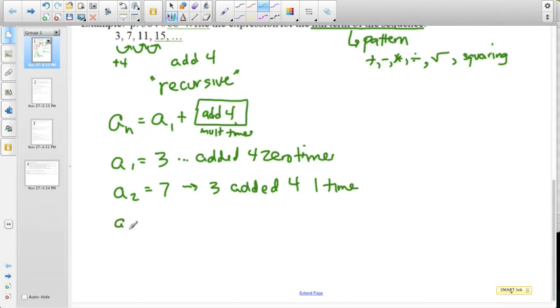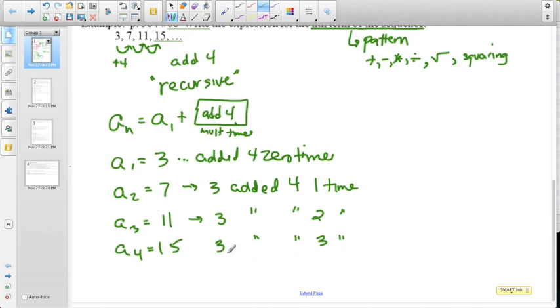And if we look at the next term, the third term is 11. We started with 3 and we added 4 2 times. And if we look at the fourth term, that's 15. We started with 3 and we added 4 3 times.